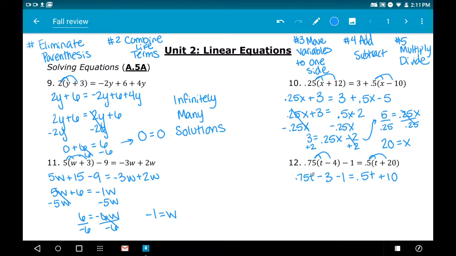So our second step is combine like terms. So 0.75t. Now we have negative 3 and negative 1 here. We're going to combine those to get negative 4. So 0.75t minus 4 equals 0.5t plus 10. Third step is move variables to one side. So I subtract 0.5t.